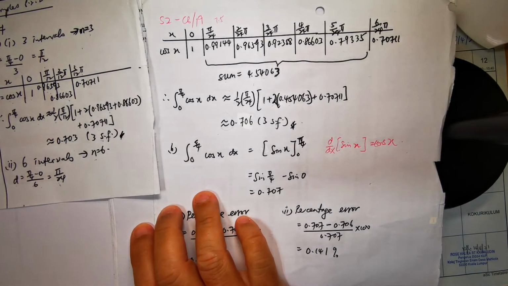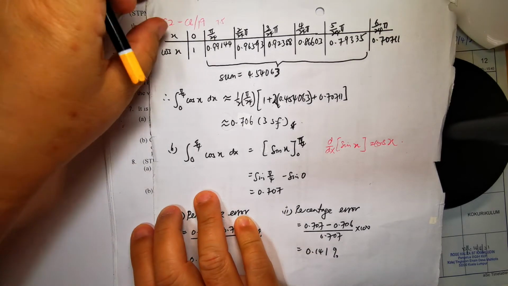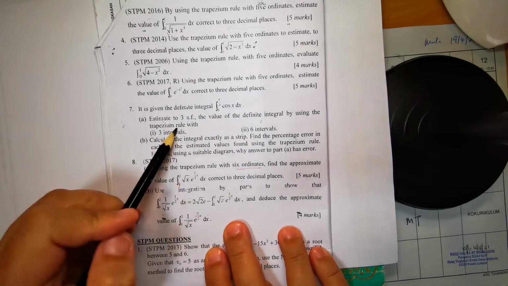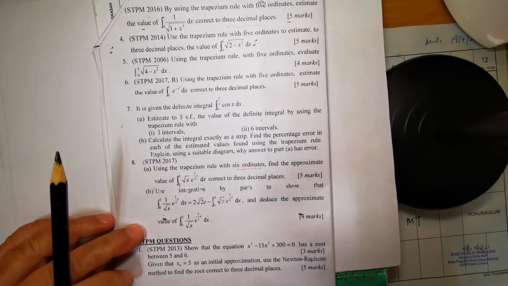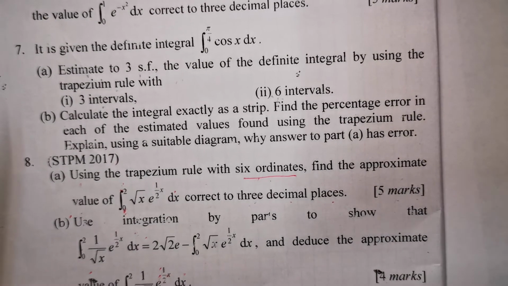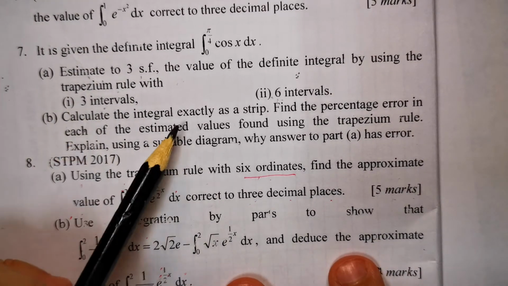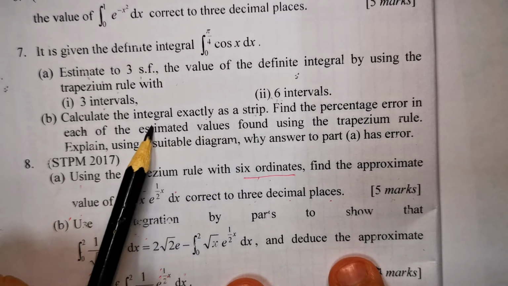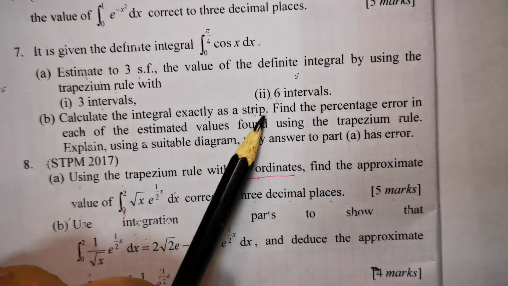Okay, so the first part we have completed. Let's show the question. Let's see what the question wants for the second part. The second part says calculate the integral exactly. Means this one we have to use integration. Doesn't matter, it's very simple integration only.